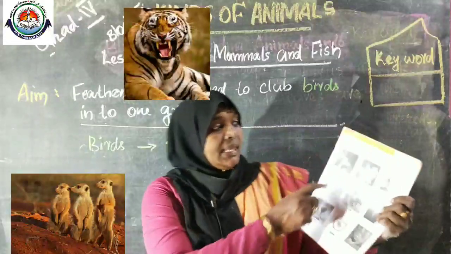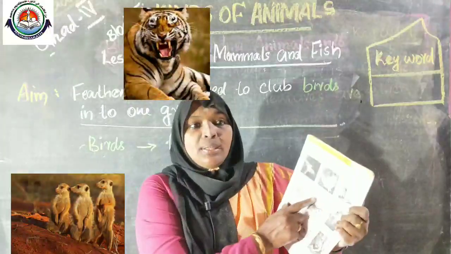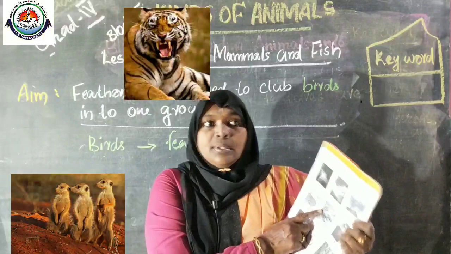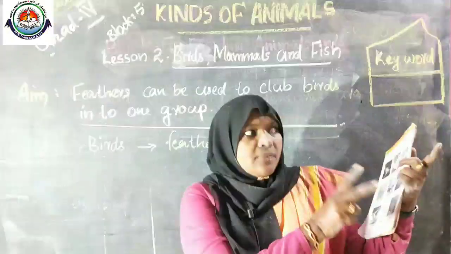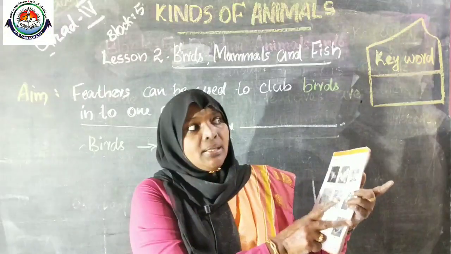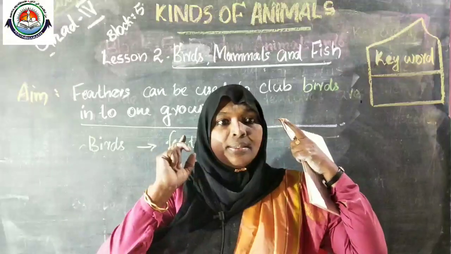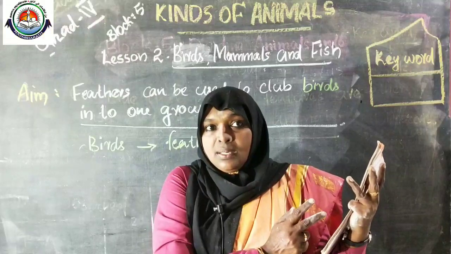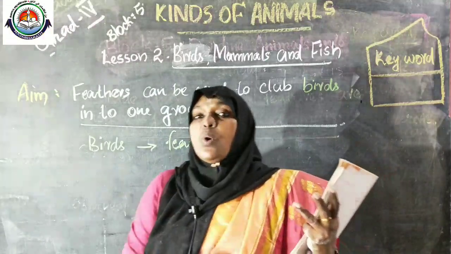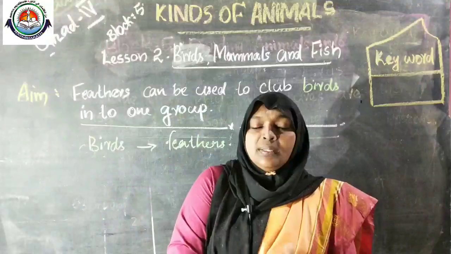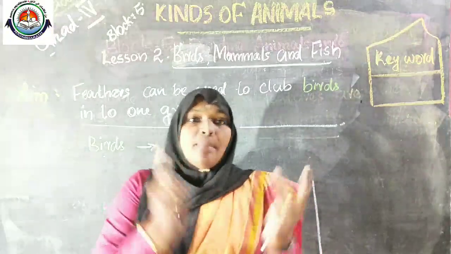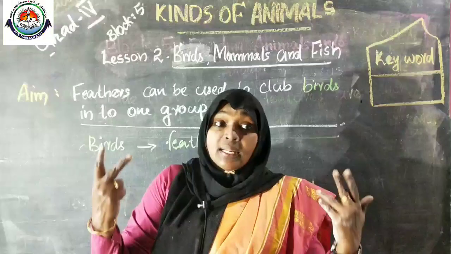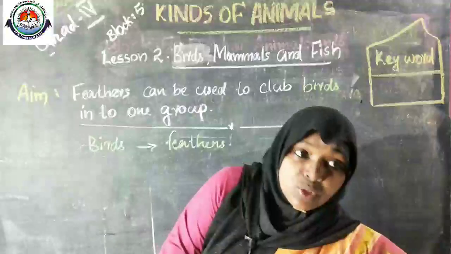We can see ears and hair on their body. These animals are in a different group, and those animals are called mammals. Then birds are over, some animals also over. Then the rest you have to check in the resource sheet.